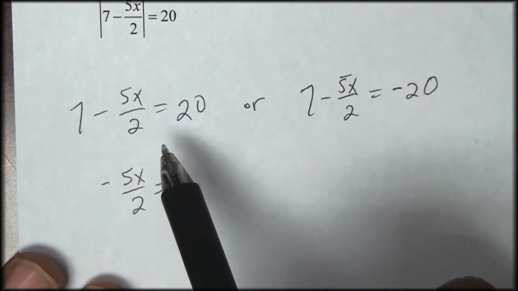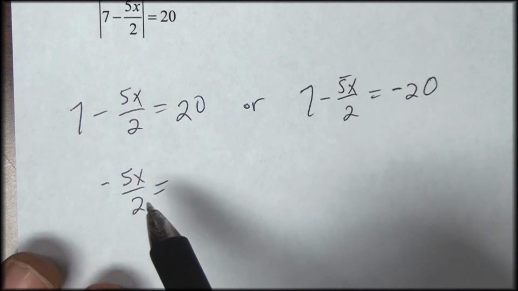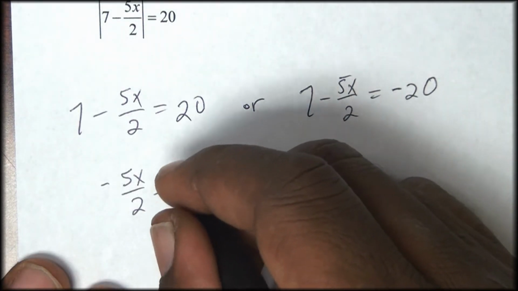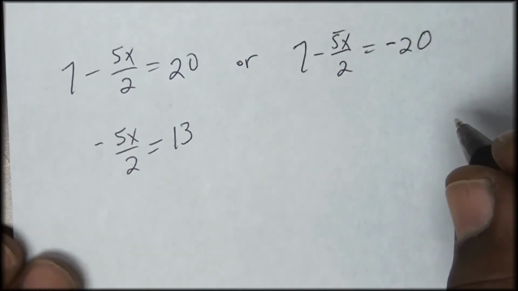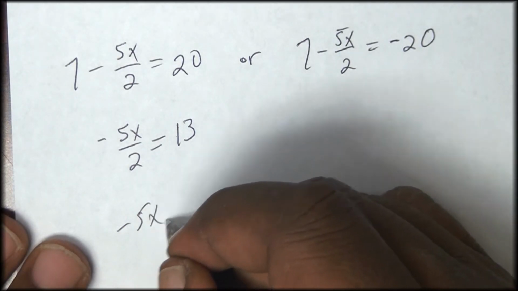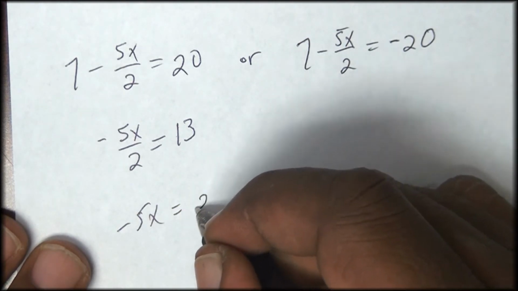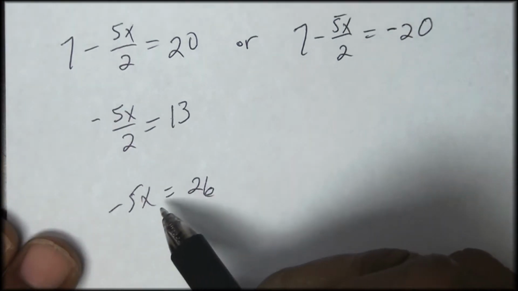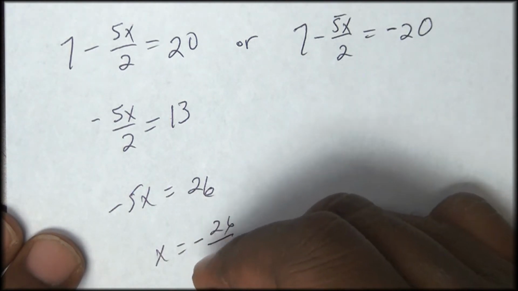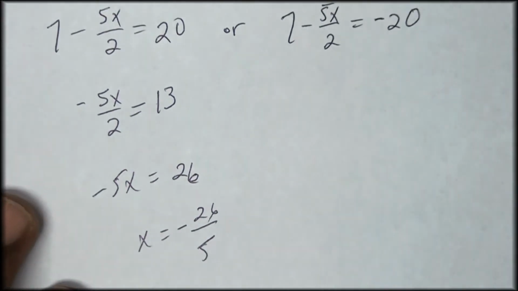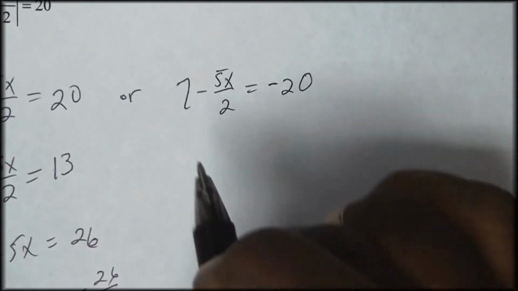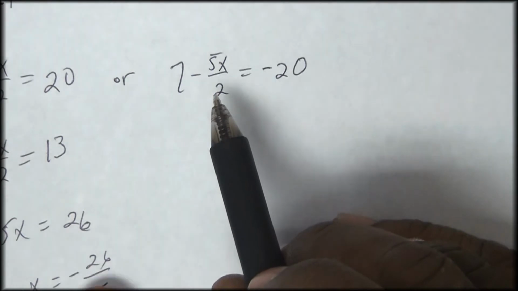So the first thing we'll do is subtract 7 from both sides. Next, we'll divide both sides by 2. And now we'll divide by negative 5. So we have x is equal to negative 26 over 5. We'll solve our next equation for x.